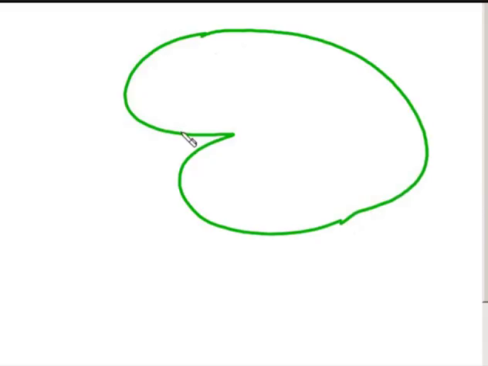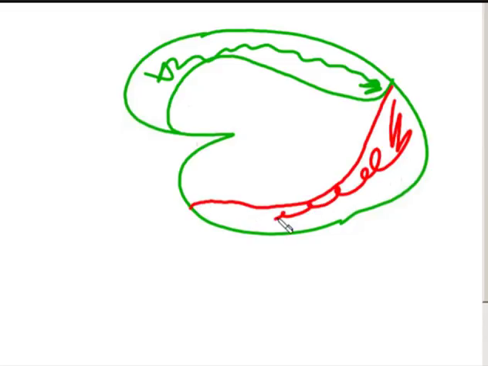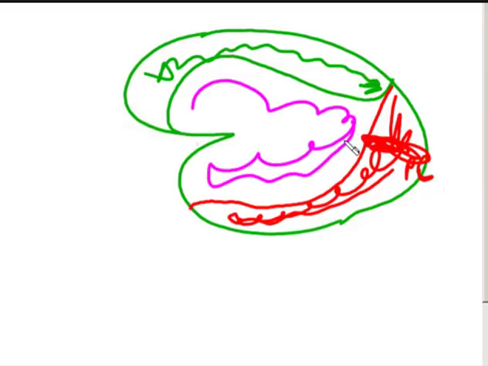This area is supplied by the posterior cerebral artery, and the central vision is represented somewhere here. And this area is supplied by the middle cerebral artery. So the middle and the posterior cerebral arteries have an anastomosis in this area. So very large lesions which involve this part spare the macula because of the anastomosis between the middle cerebral artery and the posterior cerebral artery.